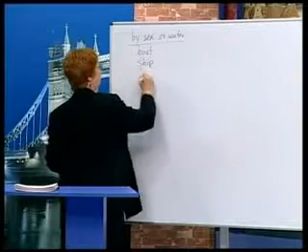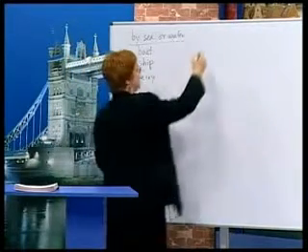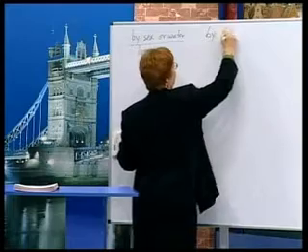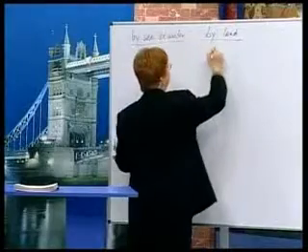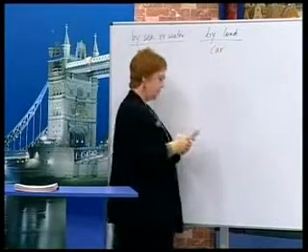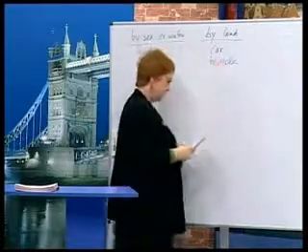Yes, good. All right. Now, how do we travel by land? Okay, Ali. We travel by land in a car. Yes, okay. Car is one. Isabel, another one? We travel by land on a bicycle. Yes, I hope so. And Susan? We travel by land on a bus.